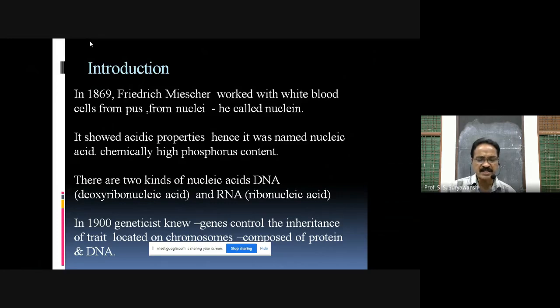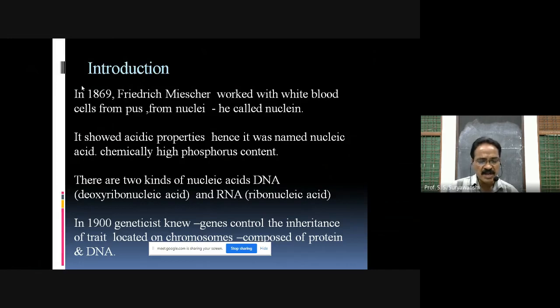Nucleic acids contain a high amount of the chemical element phosphorus. In this nuclein, the phosphorus content is much higher, and because of the properties related to this content, he named them acids, and since it is obtained from the nucleus, it is called nucleic acids.